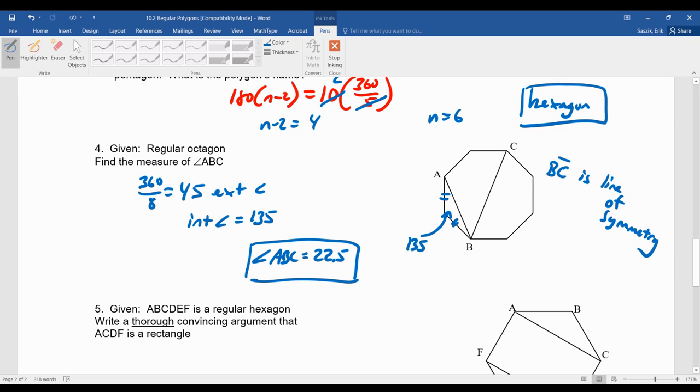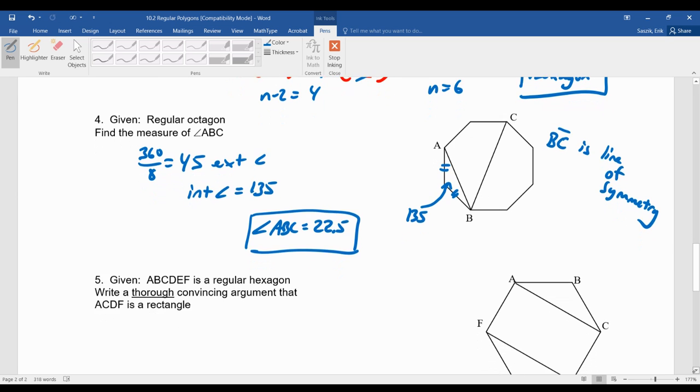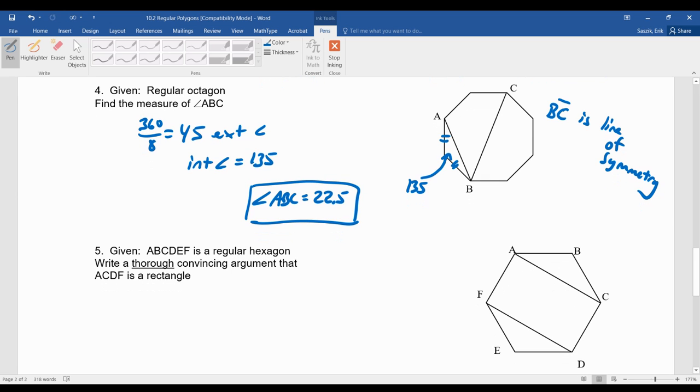I'm not really sure why I even did that whole line of symmetry thing, but it's something to keep in mind. That is a line of symmetry. You didn't really need that to do this problem. Oh, wait, my bad. Let me fix this. What I found, the 22.5, is this angle here, right?